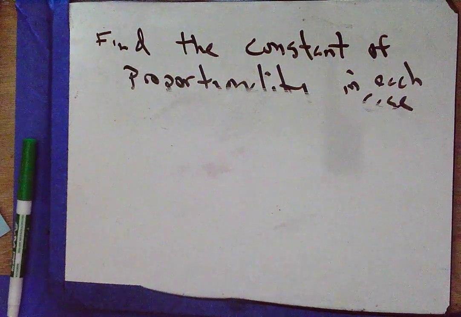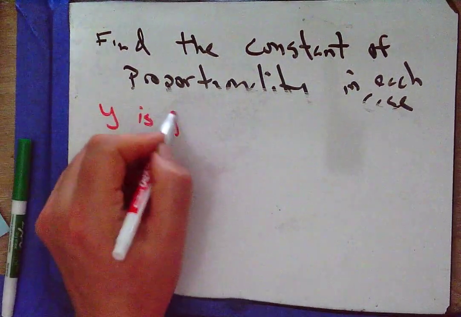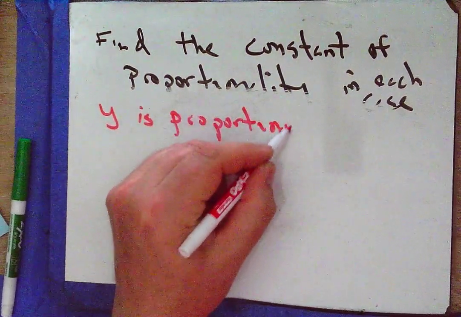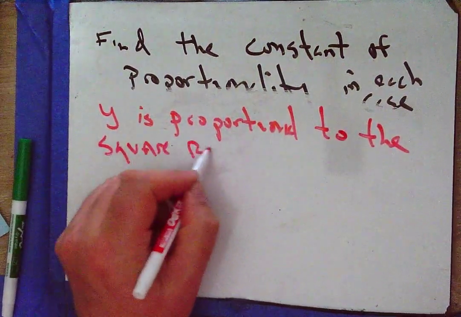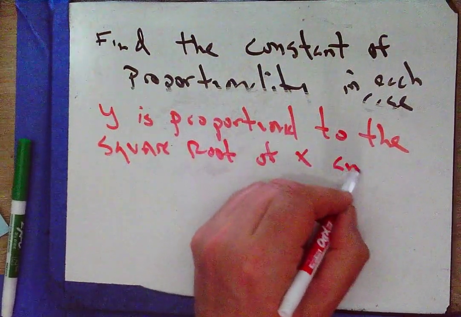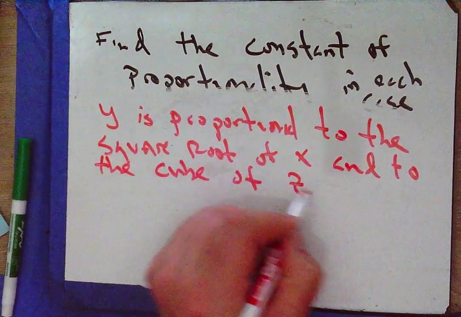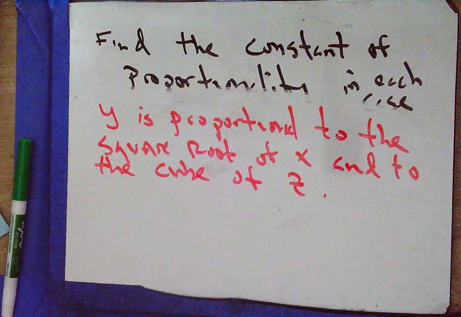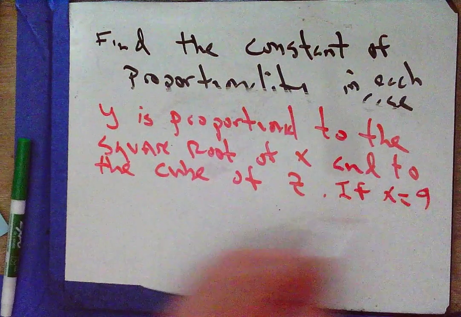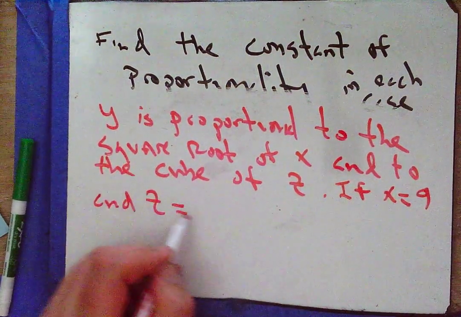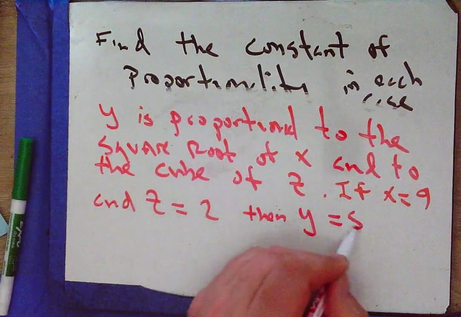Next, y is proportional to the square root of x and to the cube of z. If x equals 9 and z equals 2, then y equals 5.